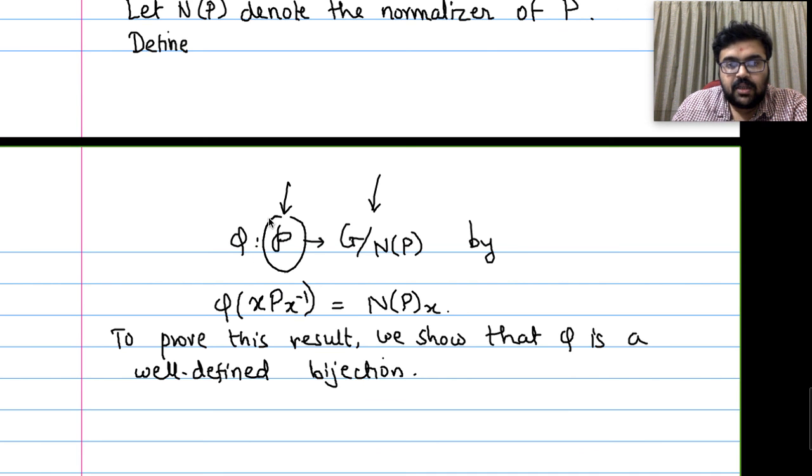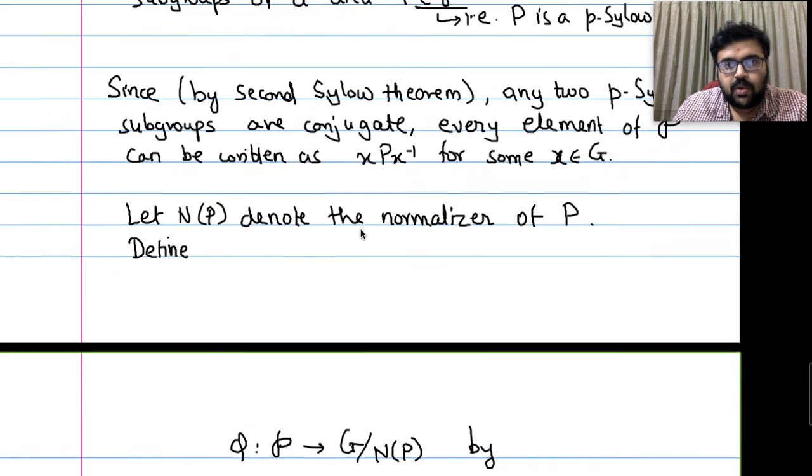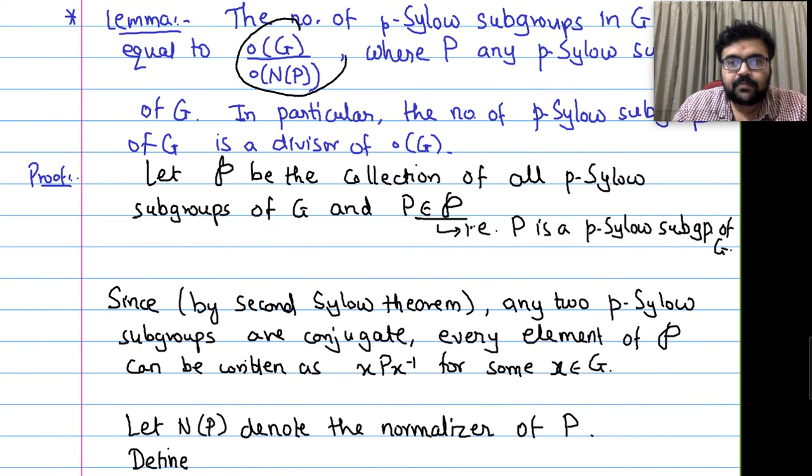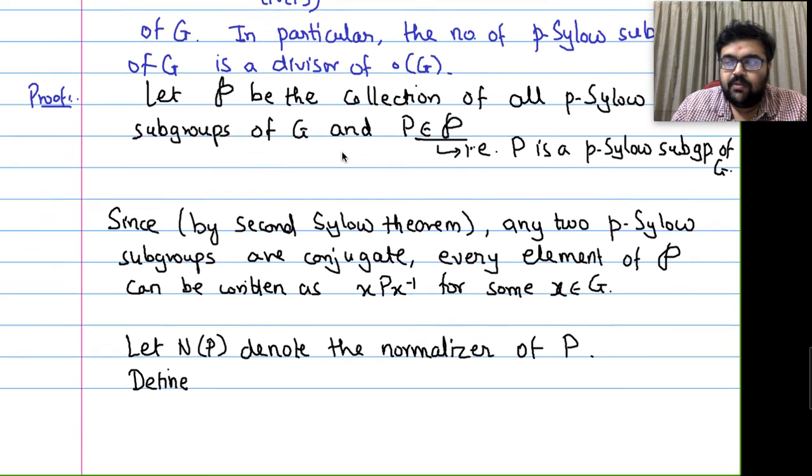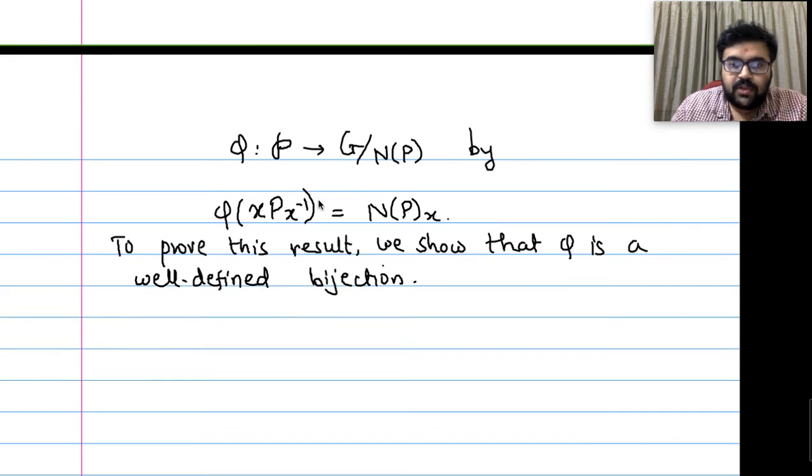This is the collection of all p-Sylow subgroups, so the total number of p-Sylow subgroups is the same as the total number of elements here. What is the order of G quotient NP? That is all distinct cosets of NP in G, which is the index of NP in G, so order of G upon order of NP. This is what we have to prove. We are done; we just have to show that this function is well defined, 1-1 and onto.